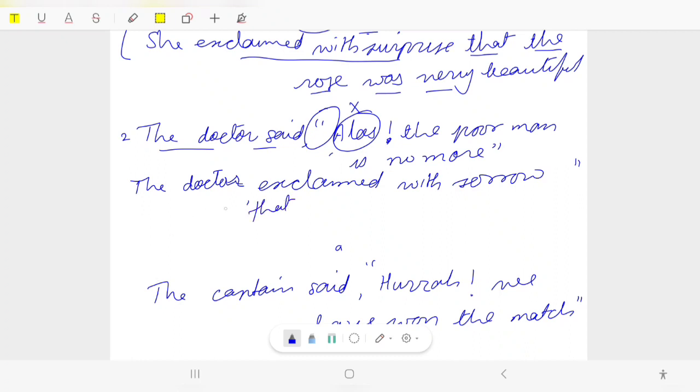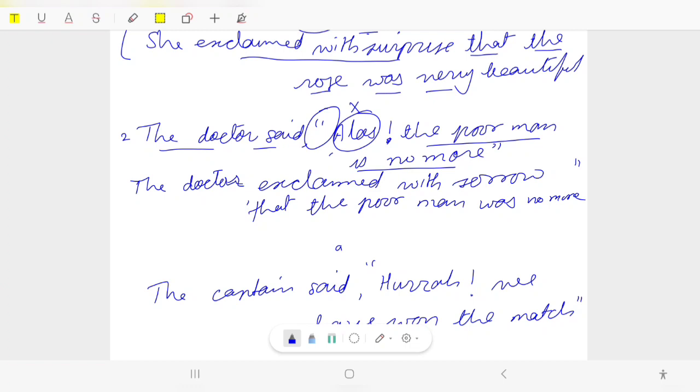Now what is left? The doctor exclaimed with sorrow that. What is left? A simple assertive sentence is there. So we will simply change the tense. That the poor man was no more.